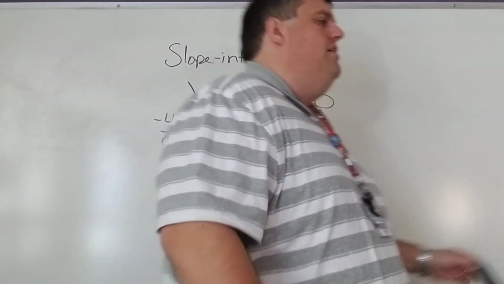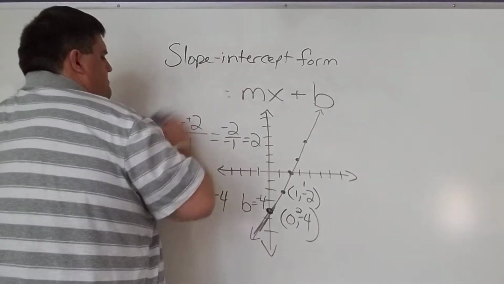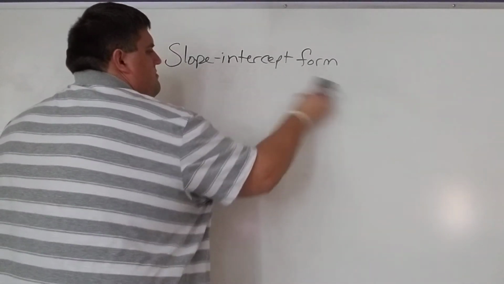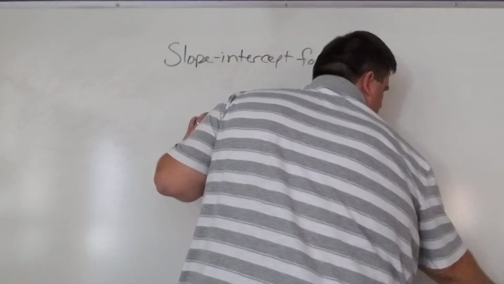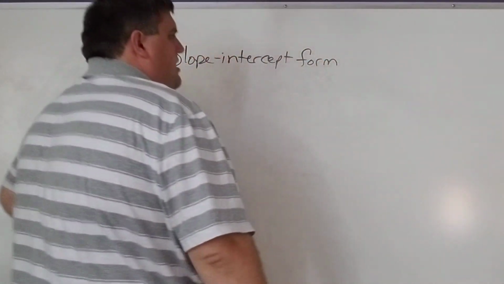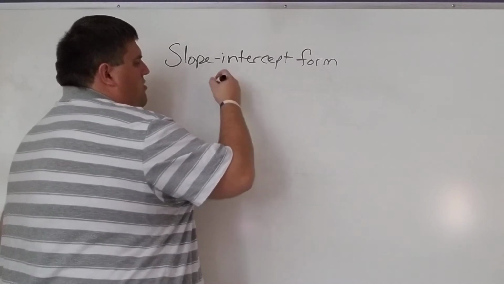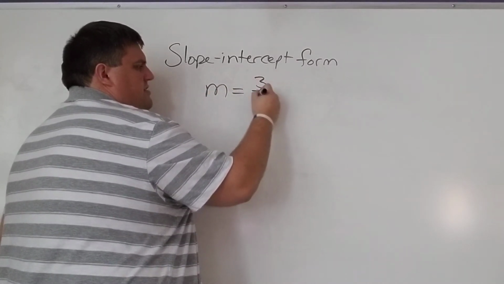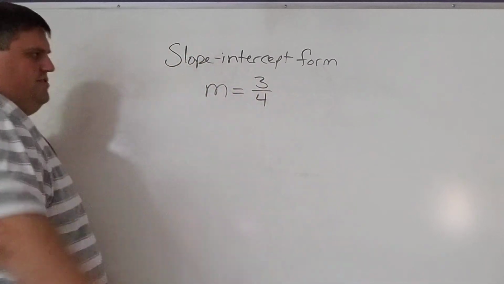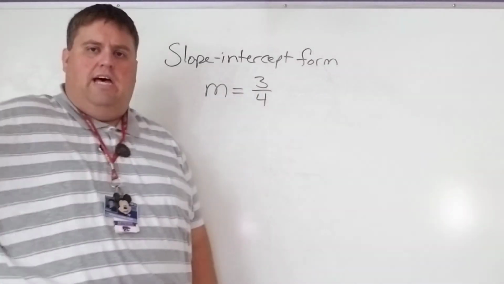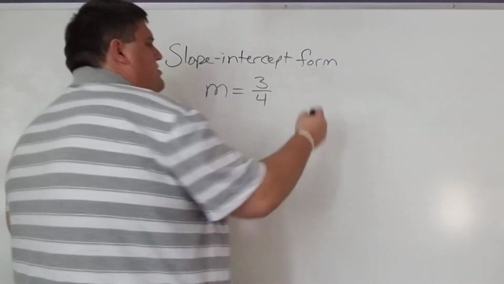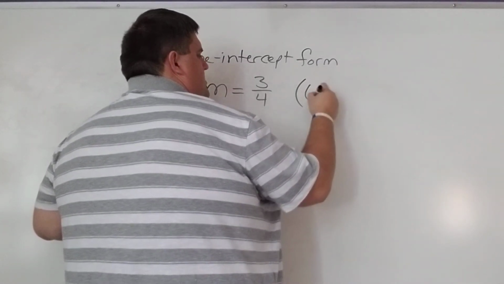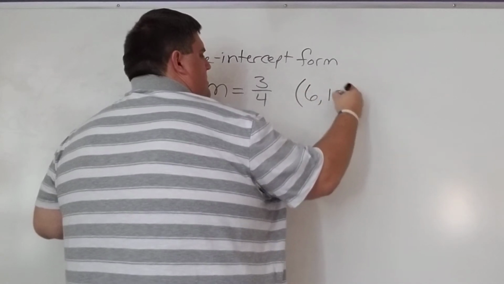What if they tell me, hey, the slope of this line is 3/4. Okay, so there's a slope of a line that's out there, it's 3/4, and it goes through the point 6, 15.